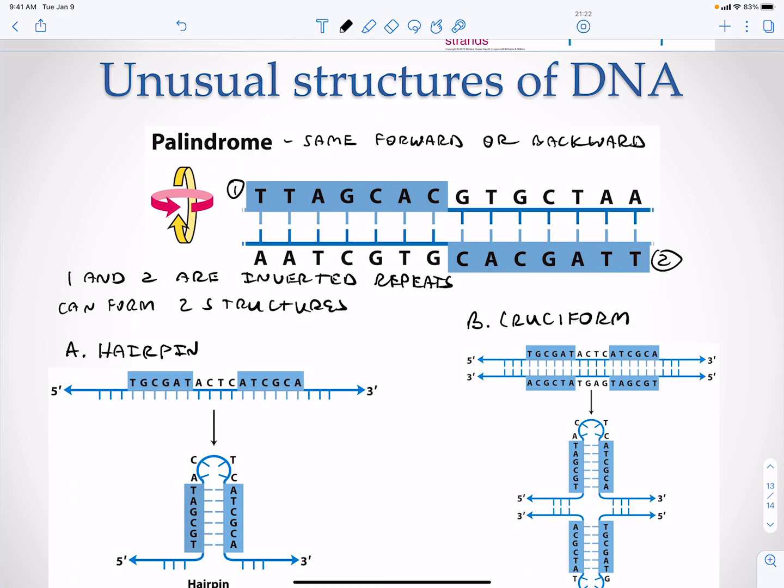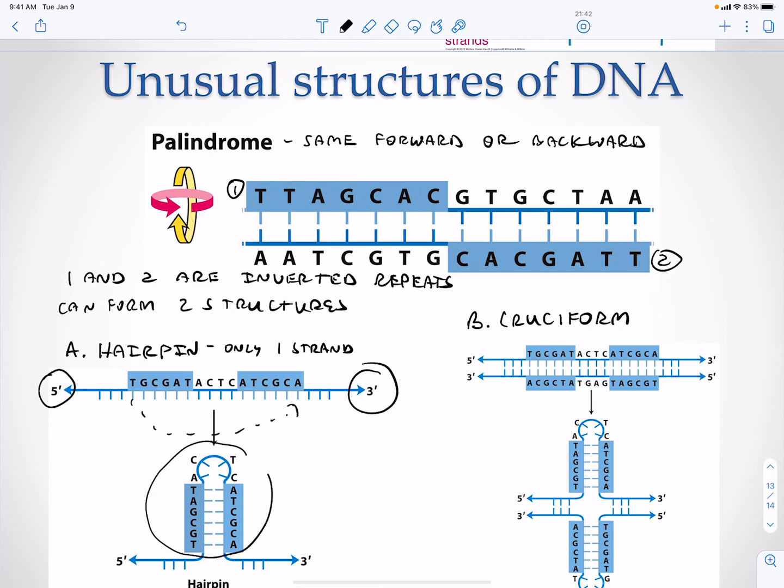This looks like a cross. Now, when you have a single DNA or RNA strand involved, you get a hairpin. And so this is our strand, our 5' to 3'. And these 2 are complementary, so they kind of fold onto each other, and you get this hairpin.